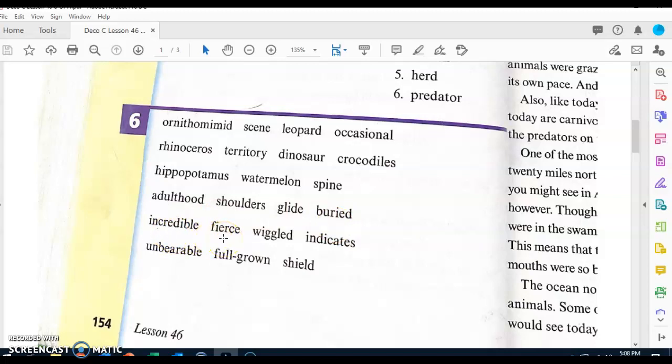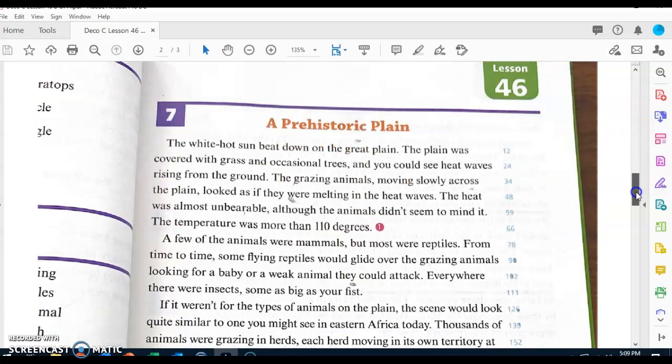Next word, fierce. Next word, wiggled. Next word, indicates. Next word, unbearable. Next word, full grown. Next word, shield.